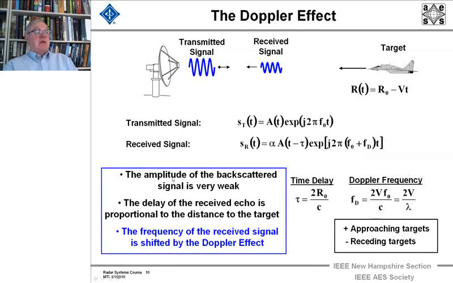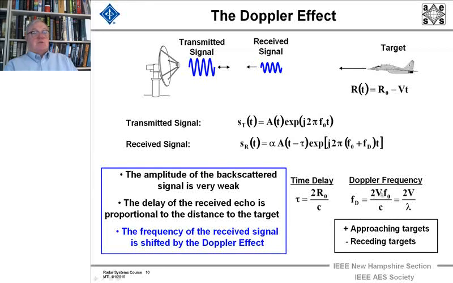And the amplitude of the backscattered wave, as I said, is very weak, and the delay is proportional to the distance you are from the target, so you get a direct measurement of range, and the frequency of the received signal is shifted by the Doppler effect. And here is the Doppler frequency.